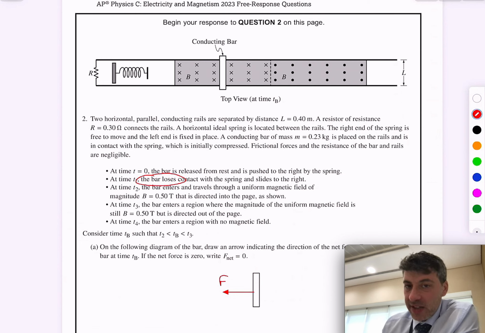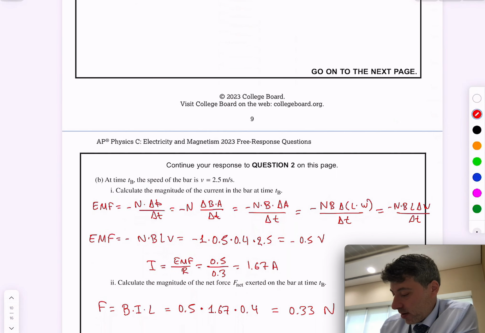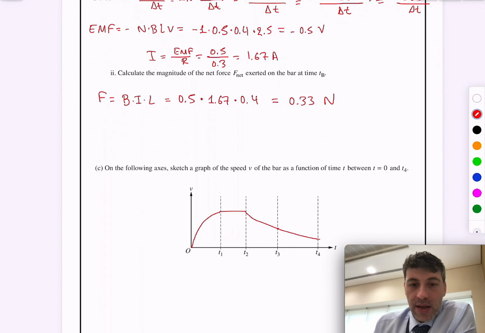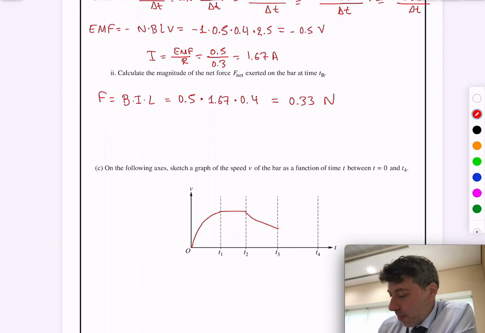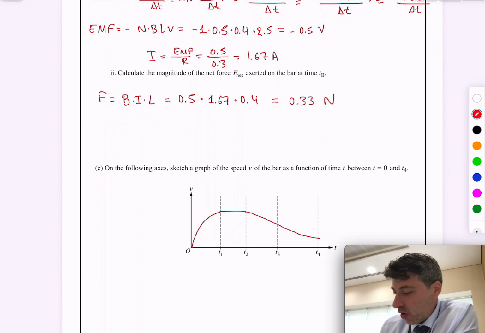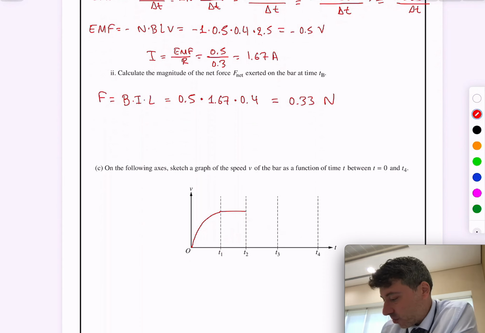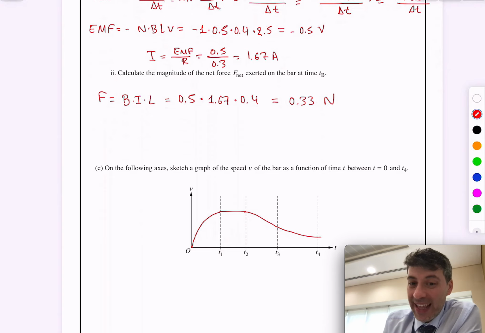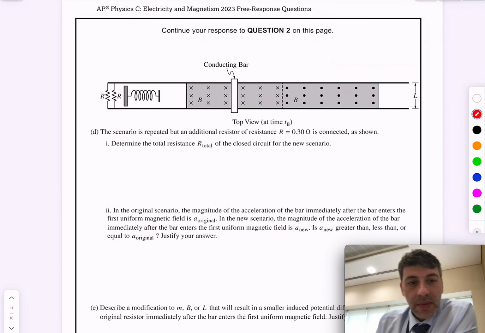So the speed will keep decreasing, and it will tend to become zero. So the graph approximately looks like this, with a non-linear change. Maybe I should make it somehow like this, a non-linear change. There should be a curve. And we continue.